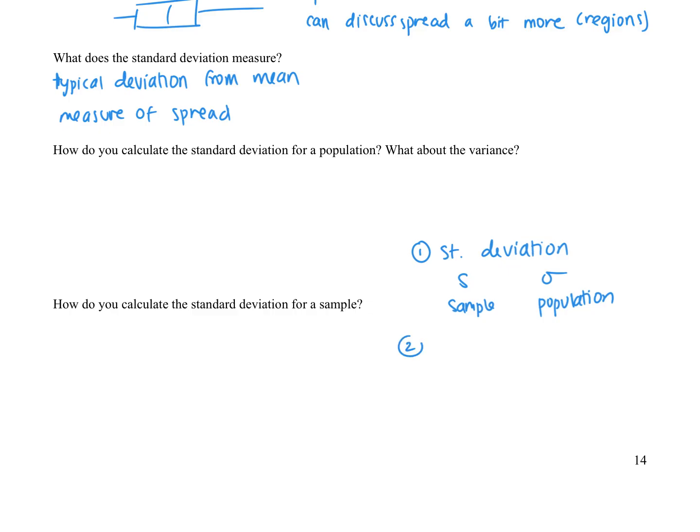When you take standard deviation and you square it, you get what's called variance. Variance is just the square of the symbols: S squared and sigma squared. How do you write sigma? Yep, that is a lowercase sigma.